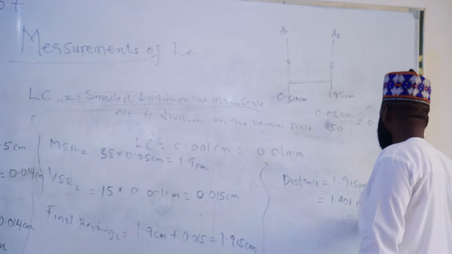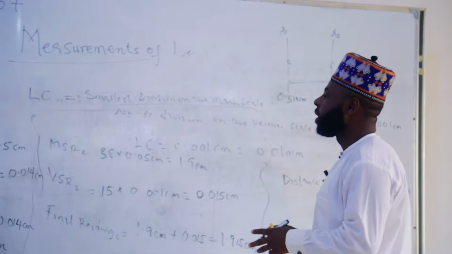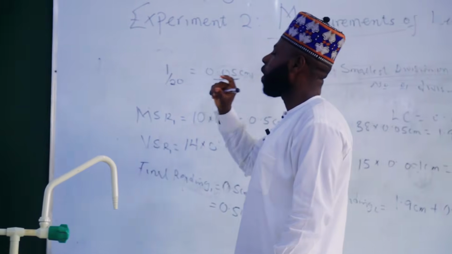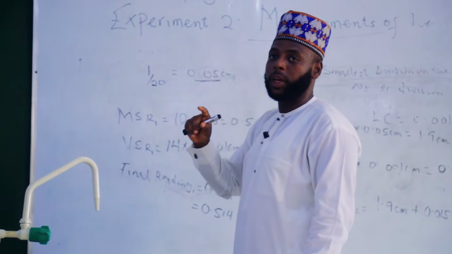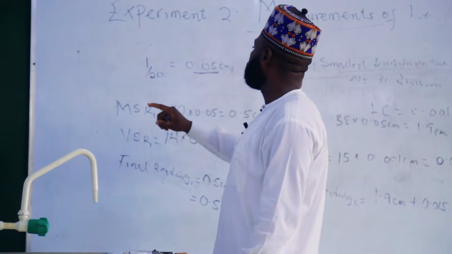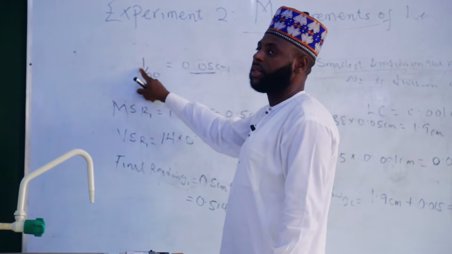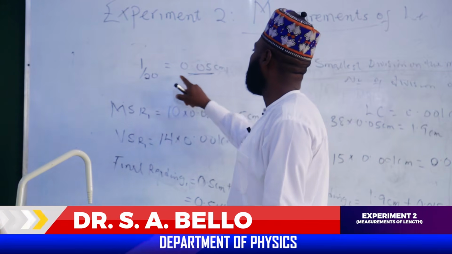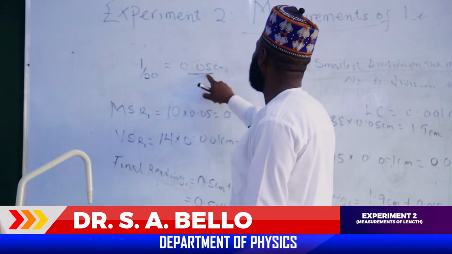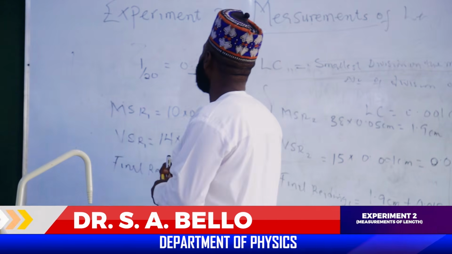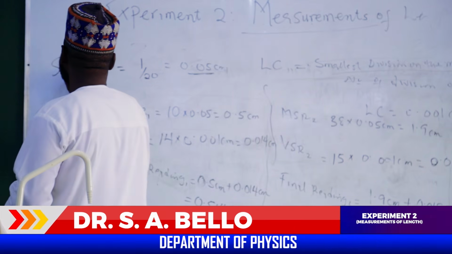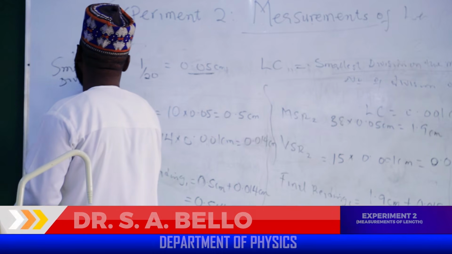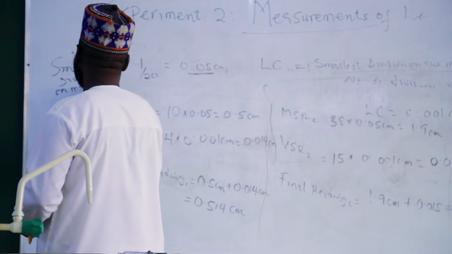to give us 1.401 centimeter. So a recap of what we did: we first take the smallest division on the main scale, that is 20 divisions give us 1 centimeter. So 20 divisions give 1 centimeter, and that is how we got 0.05 centimeter to represent the smallest division on the main scale.